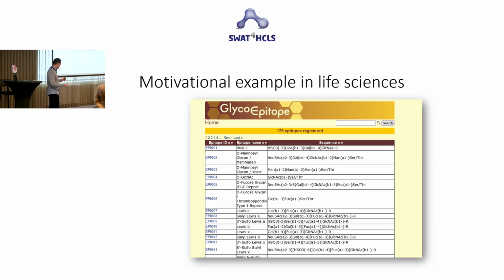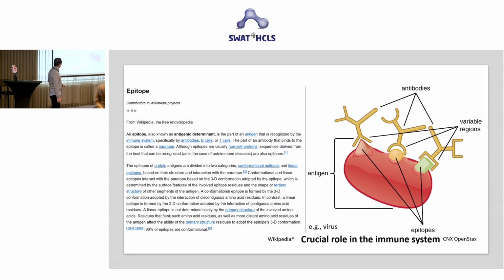I'm not sure because I'm not a specialist in glycoepitopes, but just to briefly introduce what an epitope is: an epitope is part of an antigen, and that part of the antigen is recognized by an antibody. This big bean shape is an antigen, and parts of the antigen can be epitopes. Each epitope has its own shape, and an epitope can be recognized by an antibody. This is very important for immune systems. Okay, just a brief introduction.